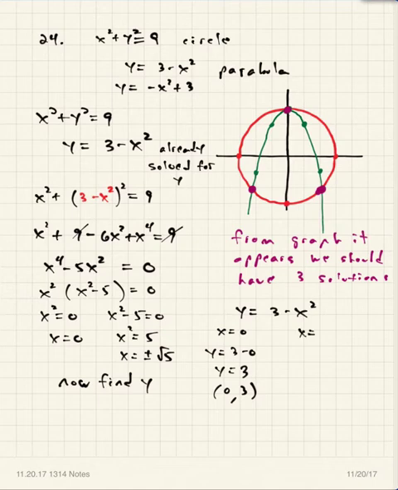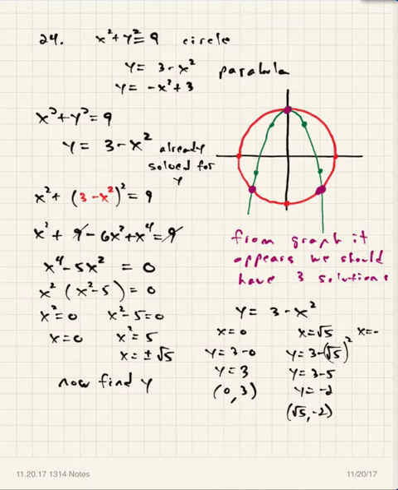Now when x is positive square root of 5, you get y equals 3 minus square root of 5 squared. And so you get y equals 3 minus 5, and y is equal to negative 2. And so that gives me the point square root of 5, negative 2, which agrees pretty well with the graph there.